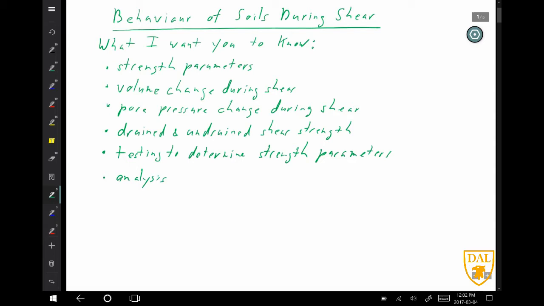Maybe not methods, because that might be confused with limit equilibrium and things like this, but the approach, whether it's drained or undrained. Really what I'm referring to is whether it's an effective stress analysis or total stress analysis.